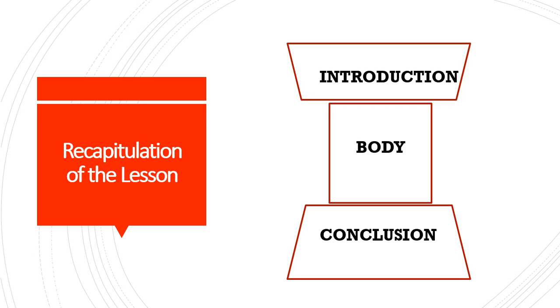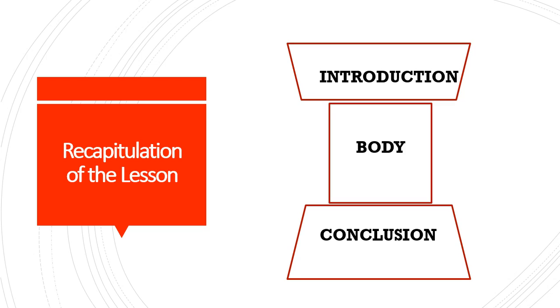So again, why is it that the shape looks like an hourglass? In the introduction part, there is a wider space, getting narrow on the body, and then wide again on the conclusion. It does not talk about length. Instead, it represents the kind of idea that you will write on that particular part of an essay.